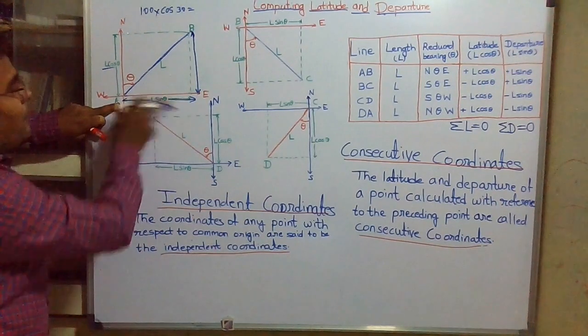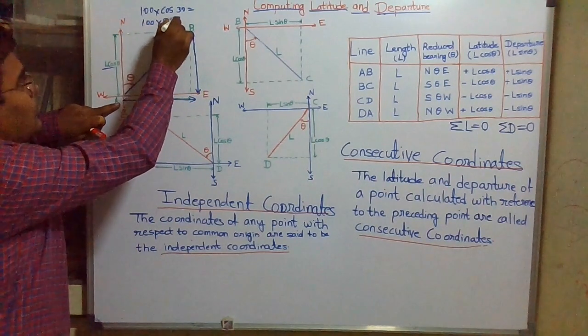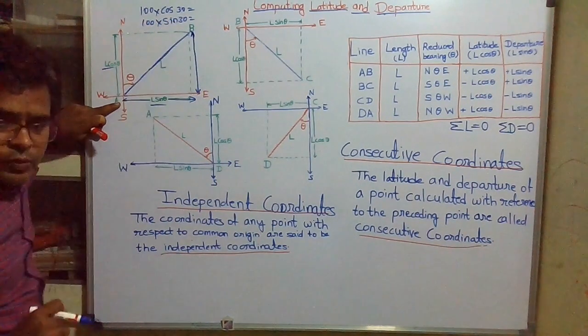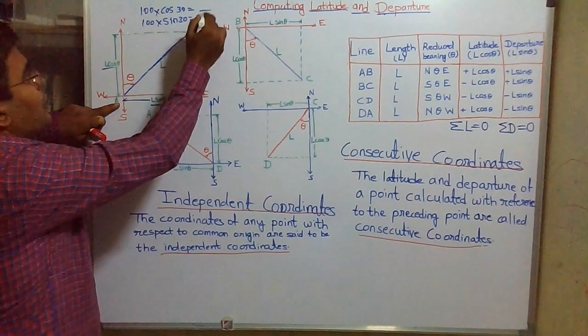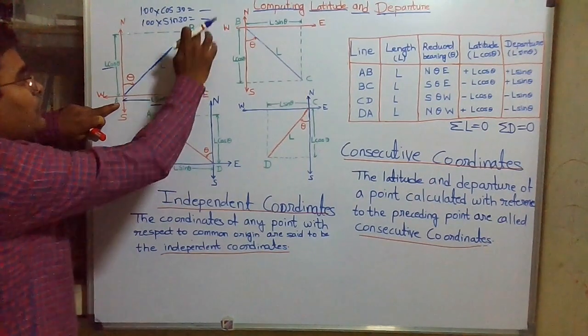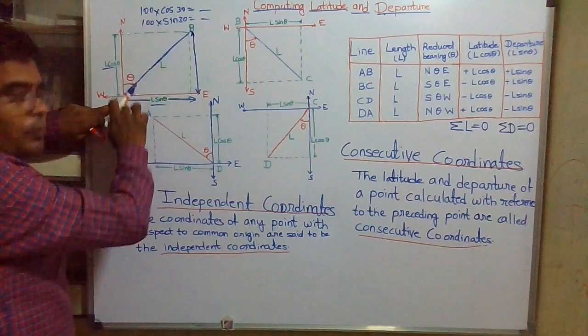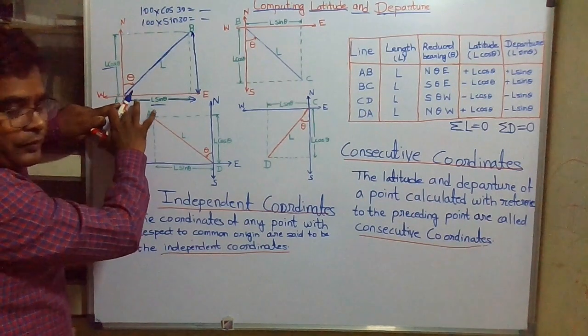That is L sin theta, so we get 100 into sin 30. So here we are going to get some value. This will give us a numerical value, and this will give us a numerical value. And this is nothing but the distance of point B from point A.